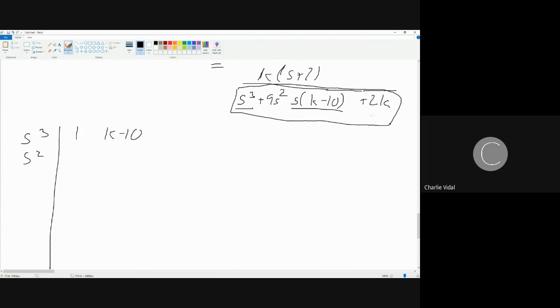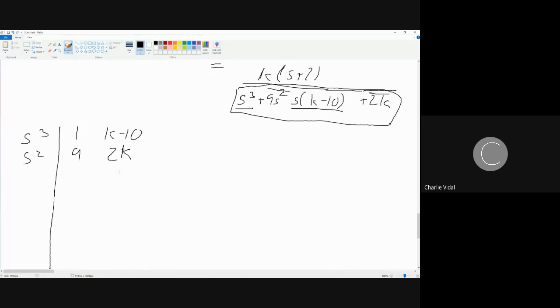All right, and then the next row is going to be, if you can, go up this one, and this one, and this one. This is going to be 9 and 2k. We don't write the s's, but we are going to write the k's in. We have to write the k's in to find the k's, of course. Okay.